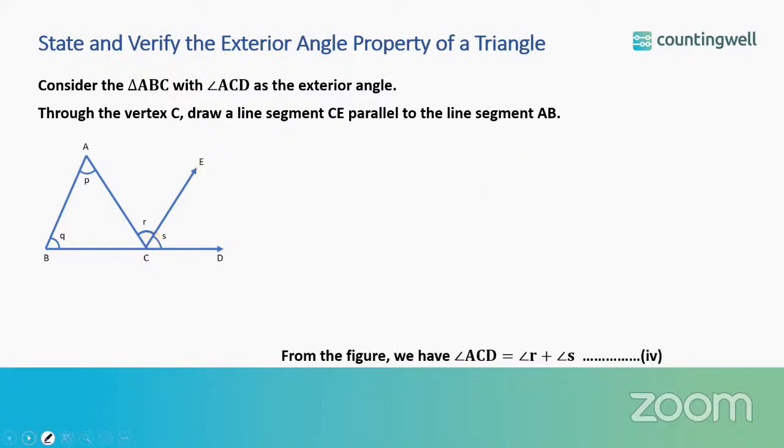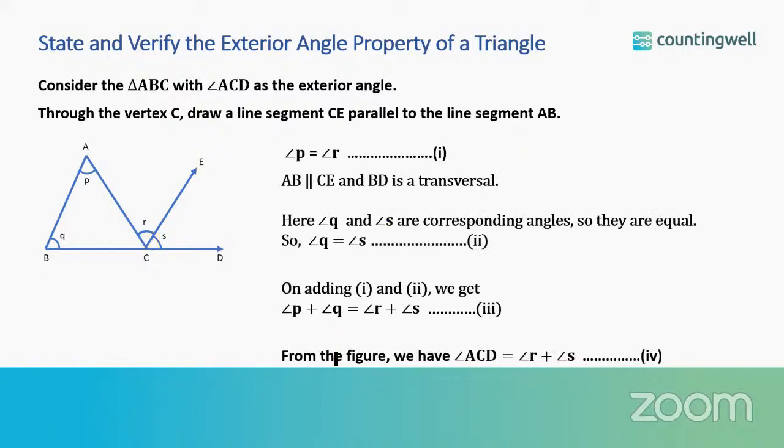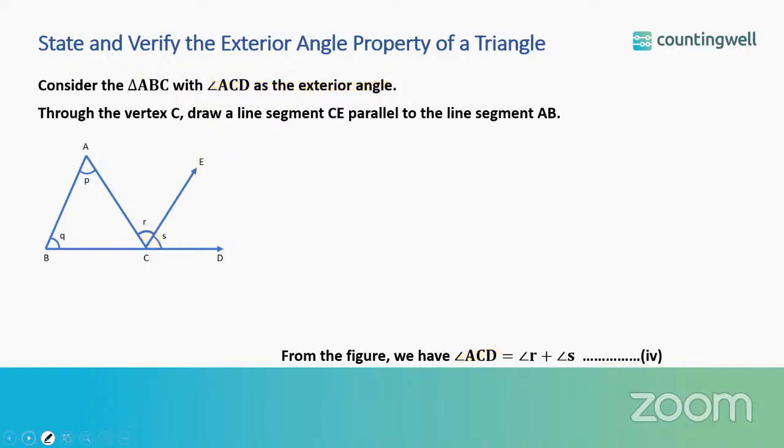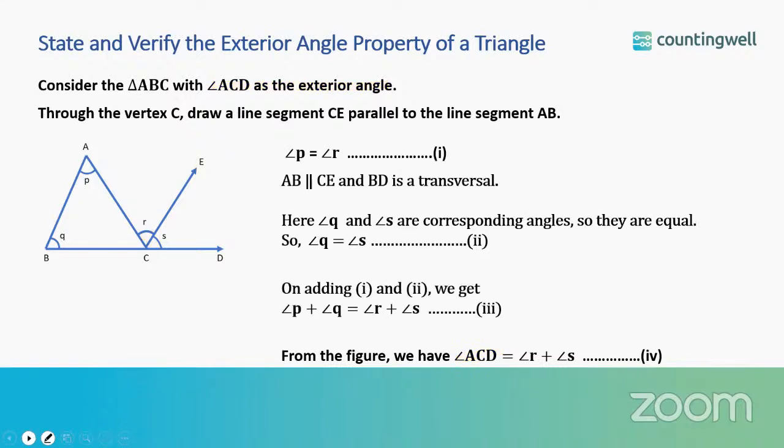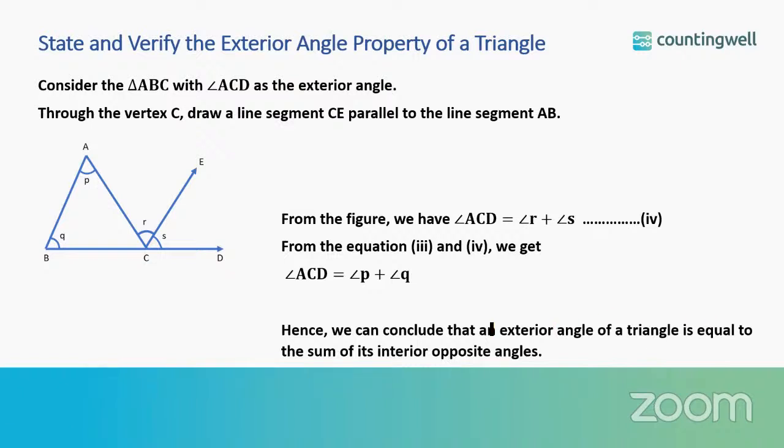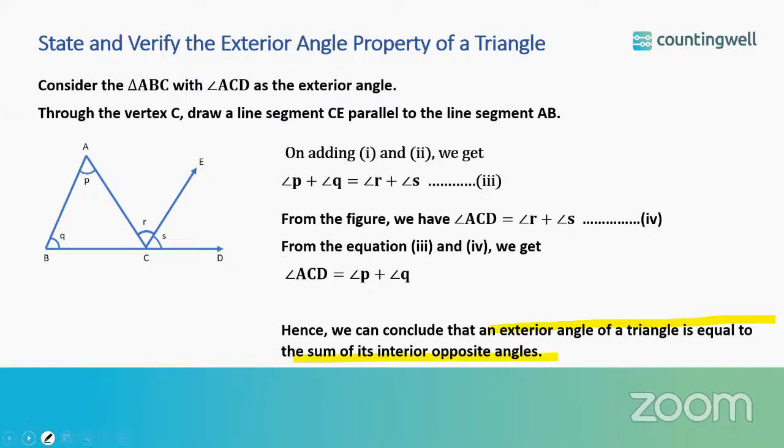It is nothing but ACD. So angle ACD is equal to angle R plus angle S, but ACD is nothing but our exterior angle. So what do we get? We get that the exterior angle of a triangle is equal to the sum of its interior opposite angles.